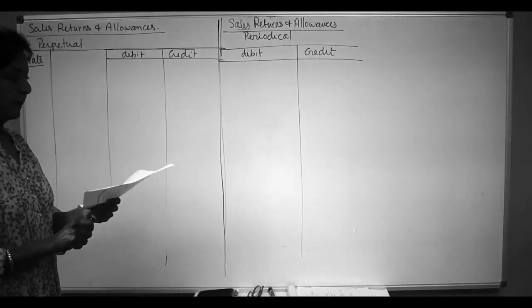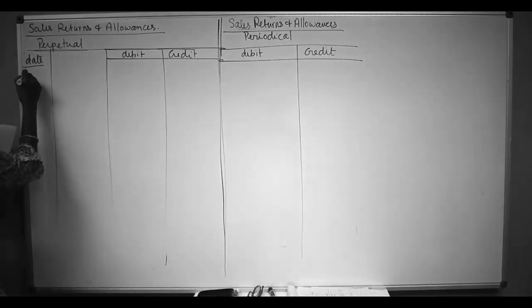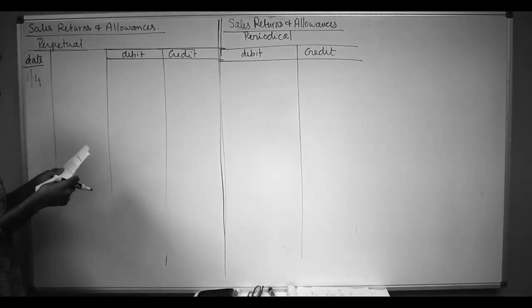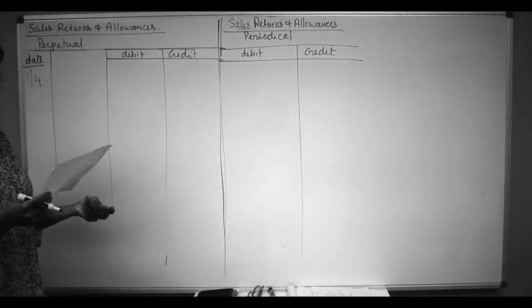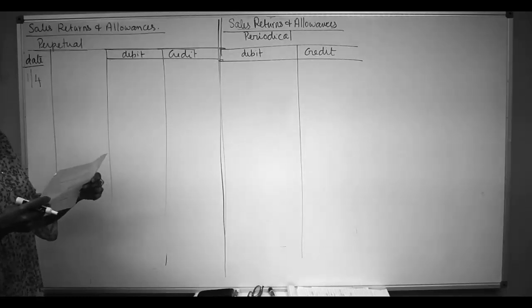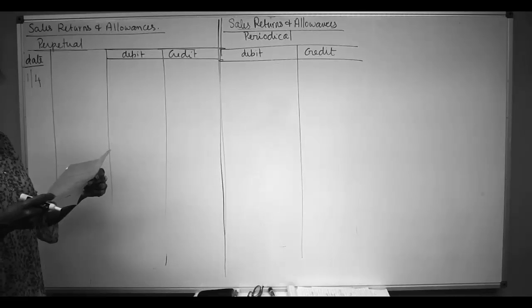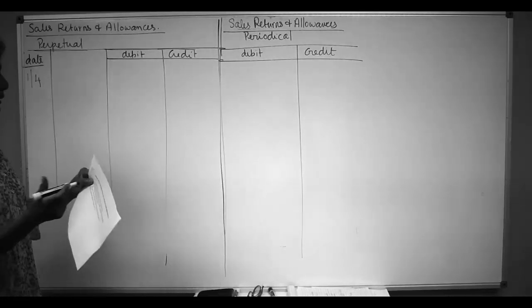So first, the first transaction is on January 4th, the company ABC sold customer A 30 televisions for $800 each. So this is a sales revenue transaction and the revenue is 30 televisions times 800, $24,000.